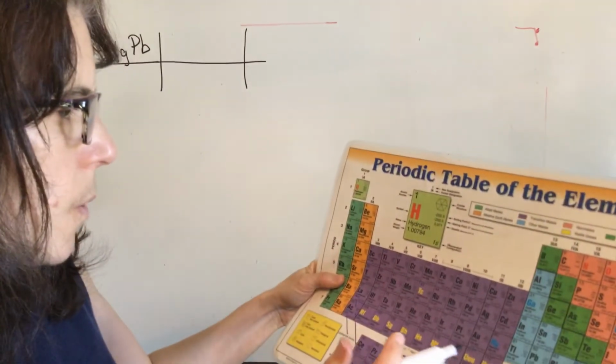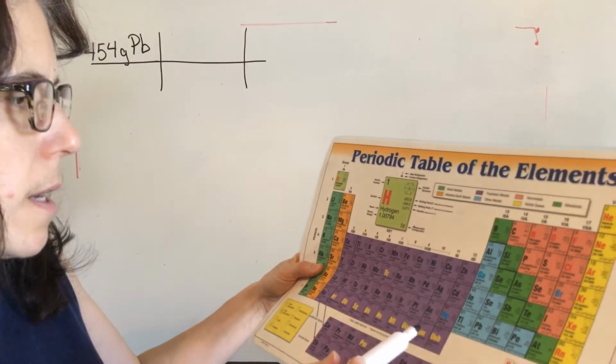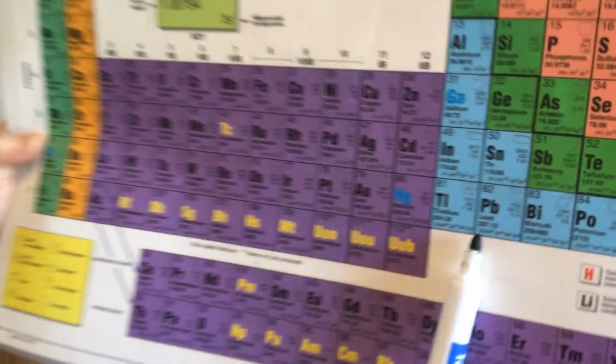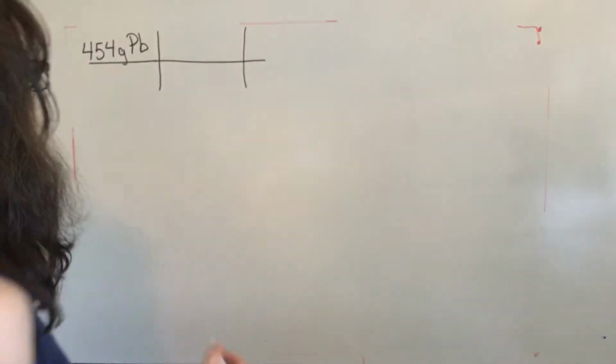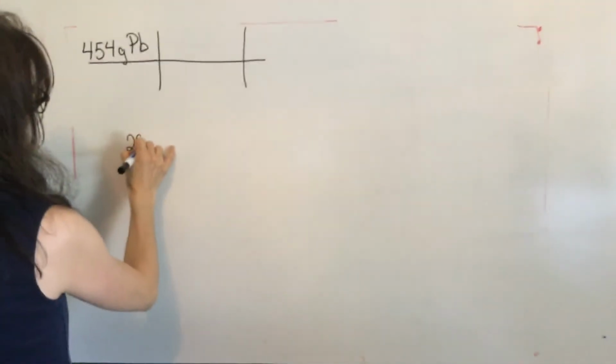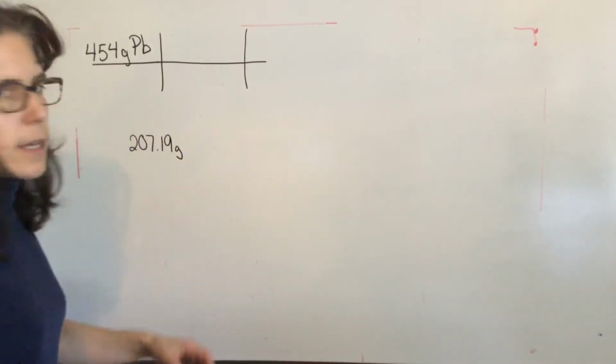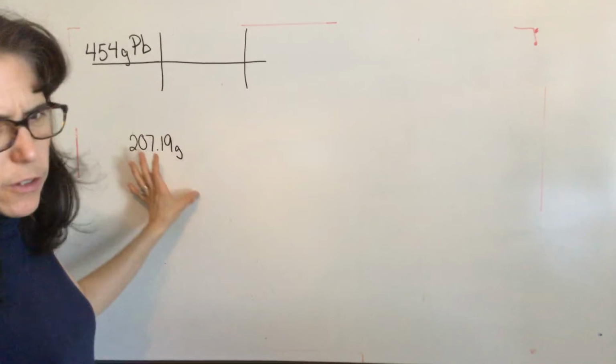All right. So we determined that we're going to use the periodic table. So let's find lead on the periodic table. Let's see if I can pull this up closer to the camera this time. Lead is like peanut butter. It's PB. Okay, right there is lead, if you can see it. The molar mass is 207.19. Okay, so I'm just going to write this for review. You don't have to do this every time.